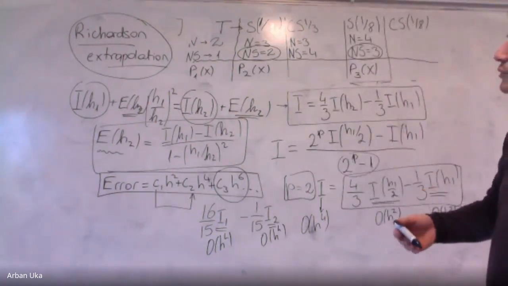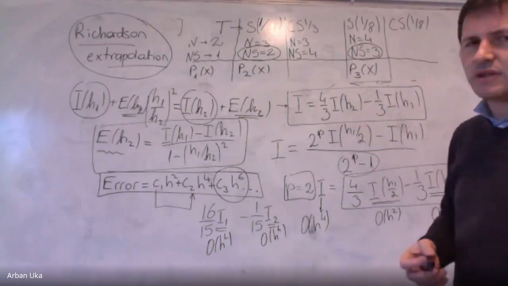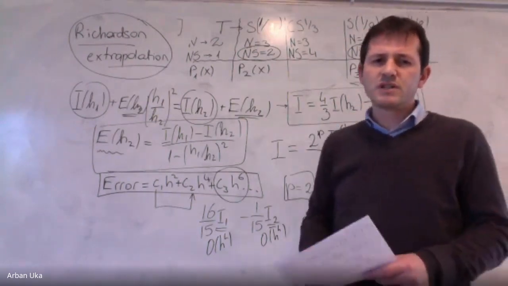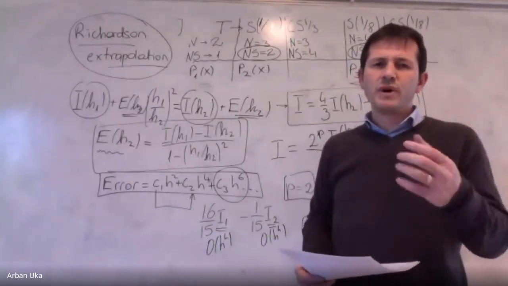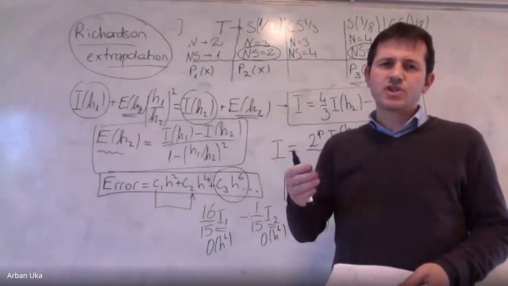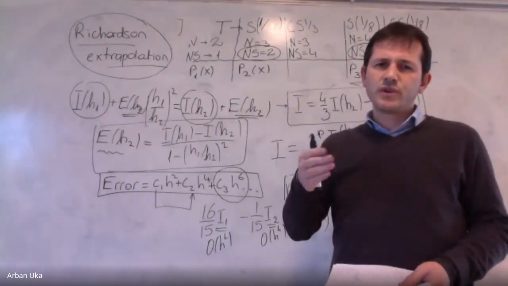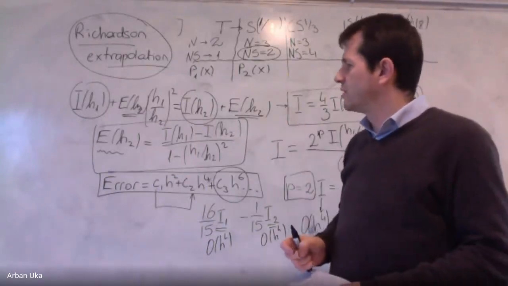And in order to prove this, we started by writing the exact integral as equal to one specific value plus some error. We combine these errors. We also know the prediction of how the errors propagate as we change h, which is the smallest interval.